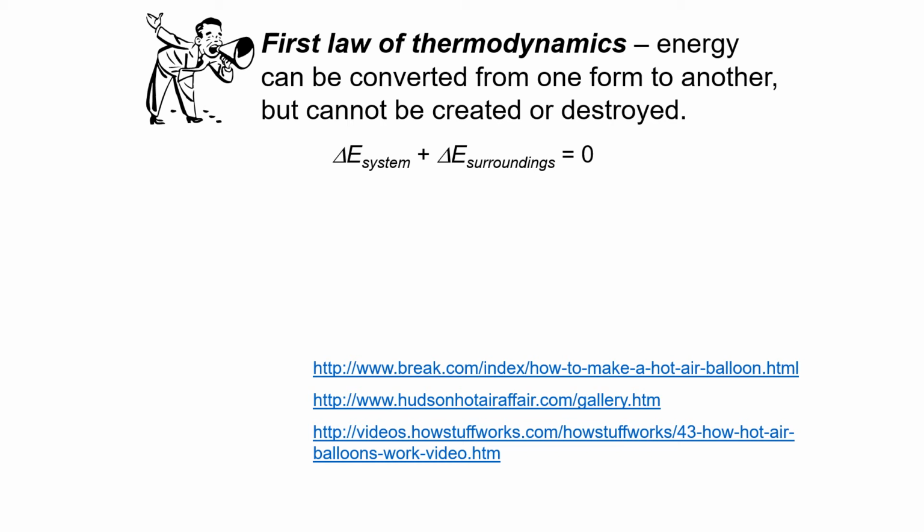We can rearrange this equation, and when we do that, the change in energy of the system equals negative the change in energy of the surroundings. So the energy changes of the system and the surroundings are equal in magnitude, but opposite in sign. So the sum is 0. Energy is conserved.